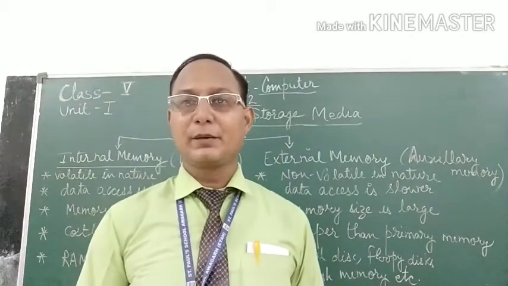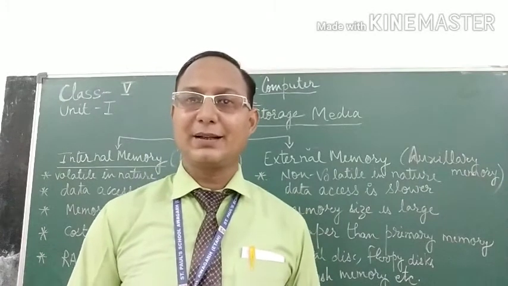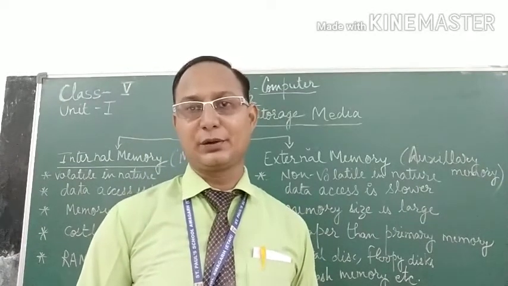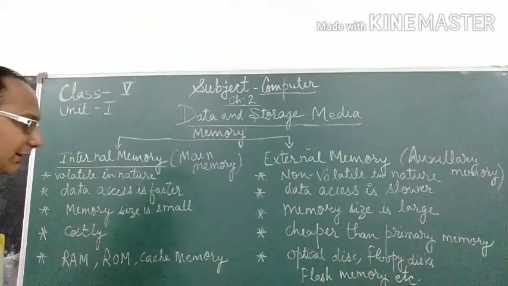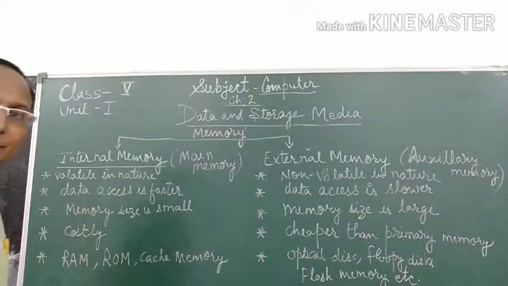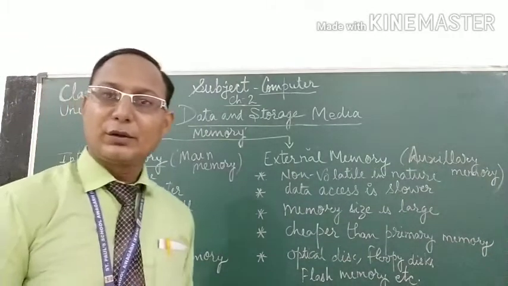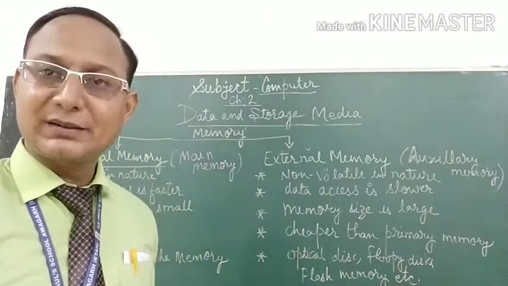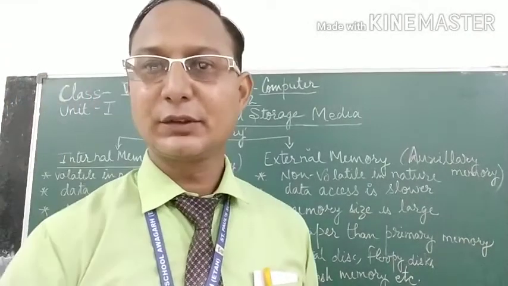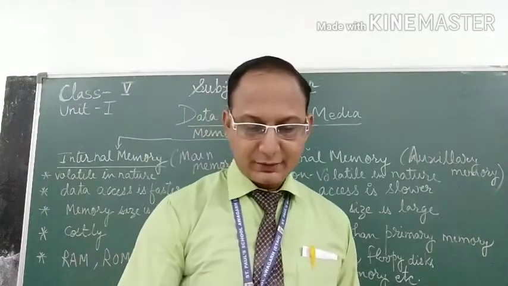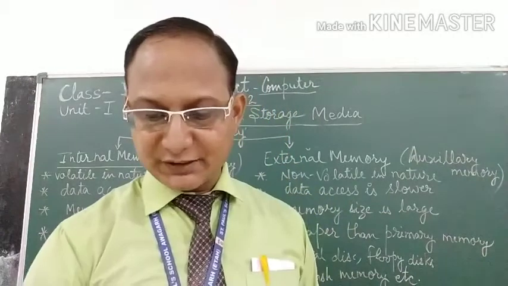There are two categories of memories, internal memory and external memory. Now you should once again read it from the book, and also see the video, so that you can understand it much easier and learn it easily. Memory management: the different types of memory in the system must be used properly.